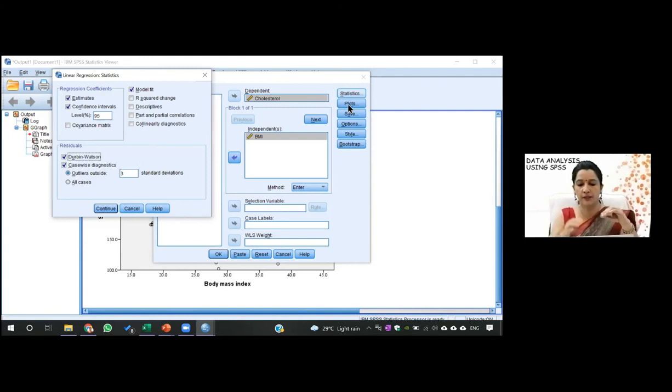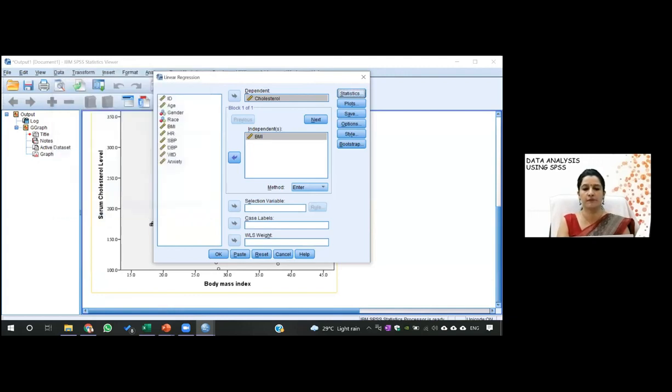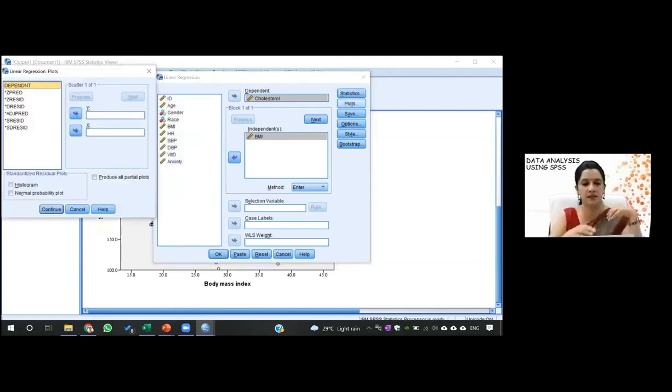Okay. So now coming to the plot, because I have to explain. Press this continue. Coming to the plot. Remember in homoscedasticity, what I told, that the variance of the residual should be constant across all the values of the predictor variable.